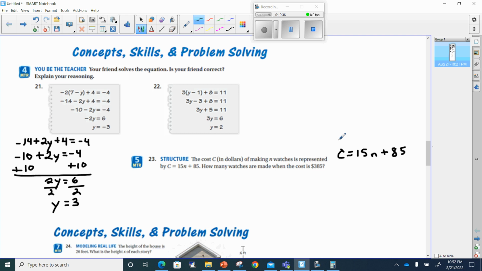Remember, this is the cost. So we're going to put 385 for the cost, and put that equal to 15N plus 85. All right, I've got to get 85 to this side, so I'm going to subtract it.